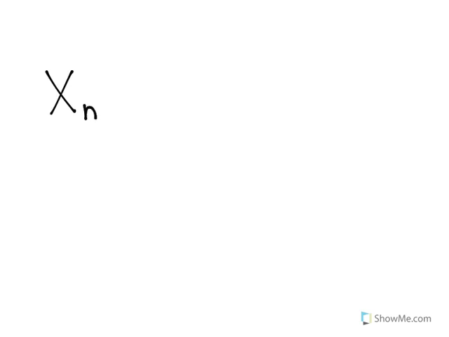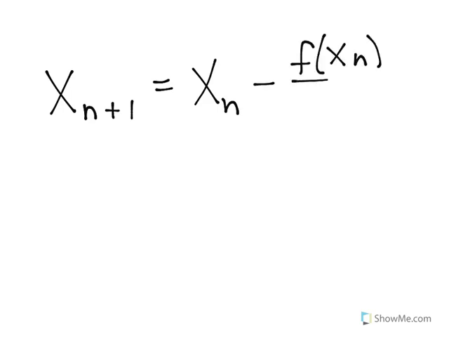If we were to generalize that, here's what this looks like. If you want to find a next guess, which I'll call an n plus first guess, all you need is the guess before it. Like, what was the guess that you just had as your last guess? So this is going to look like x subscript n minus f of x subscript n divided by f prime of x subscript n.